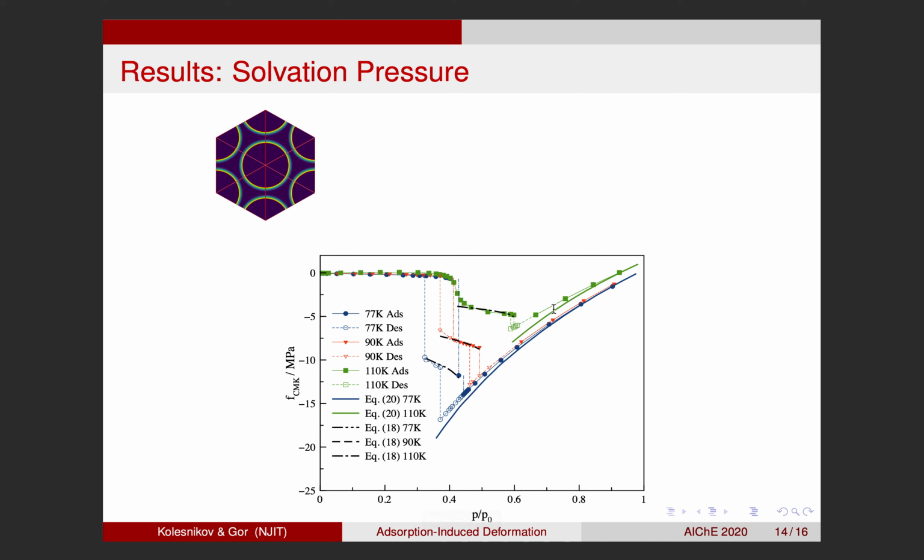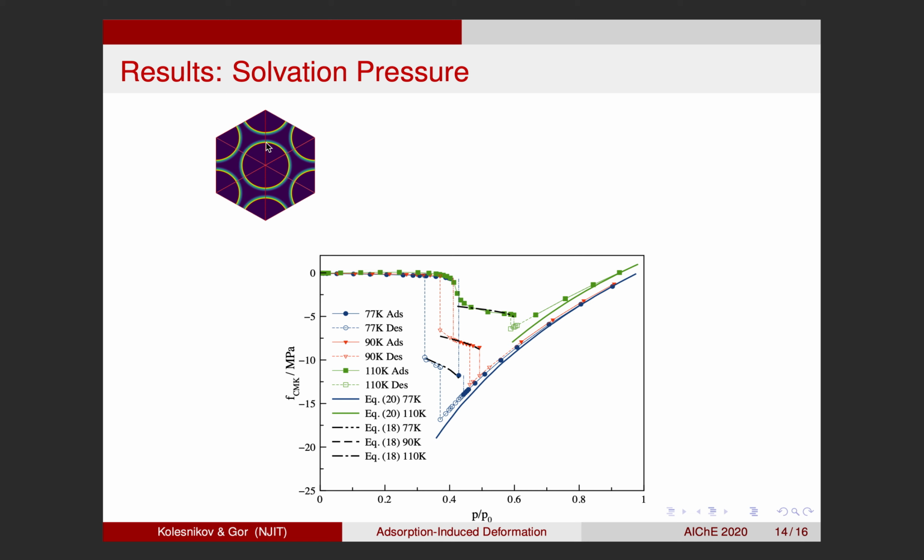So if we look at the solvation pressure isotherms, we can interpret what's going on here. When we have just the polymolecular films on the surface of the rods here, obviously these films cannot contribute to the normal deformation in the system.